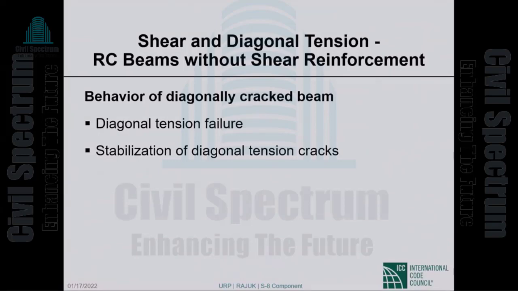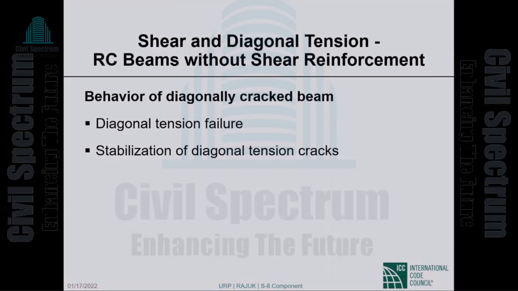Okay, so shear and diagonal tension, reinforced concrete beams without shear reinforcement, behavior of diagonally cracked beam. So we are talking about diagonal cracking for reasons that I have gone through. Once a diagonal crack forms, two things can happen.